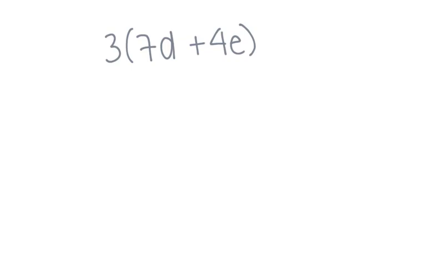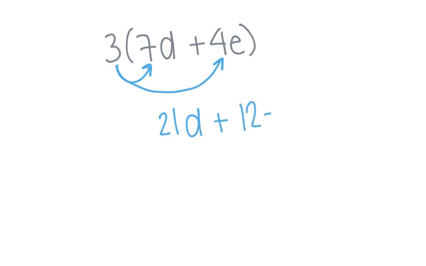All right, our next example is 3(7d + 4e). We're going to multiply 3 by the inside of the parentheses, so 3 times 7d, and then 3 times 4e. So we're going to start with the 3 times 7d, and that's going to become 21d, plus 3 times 4e, which is 12e.